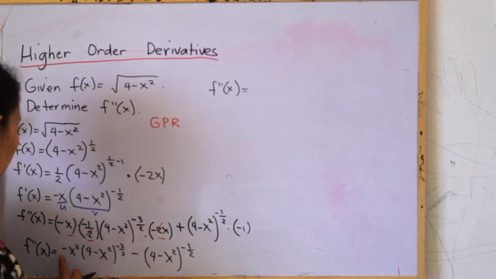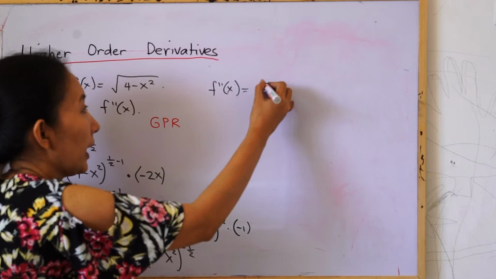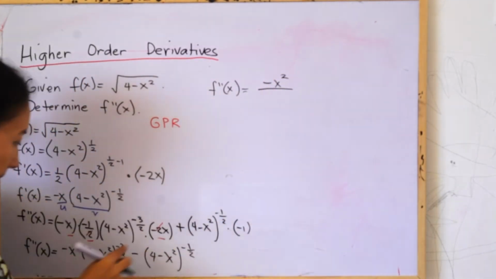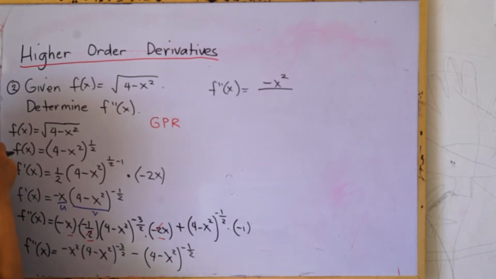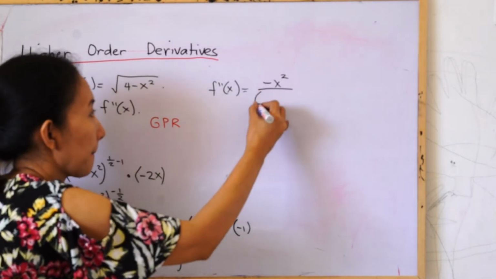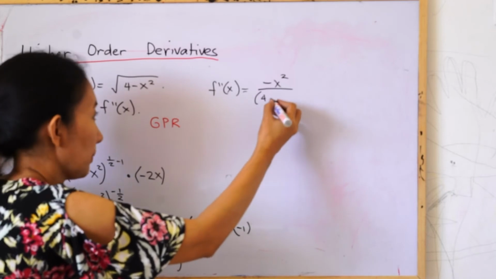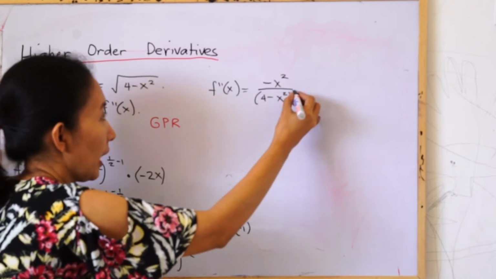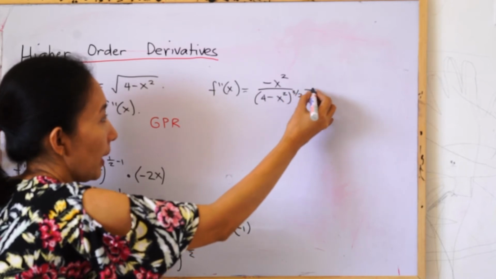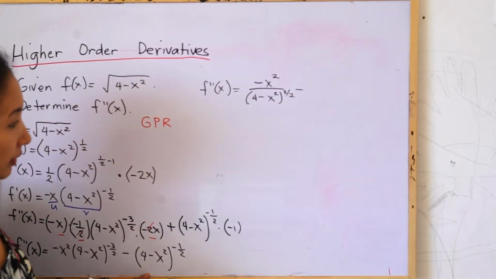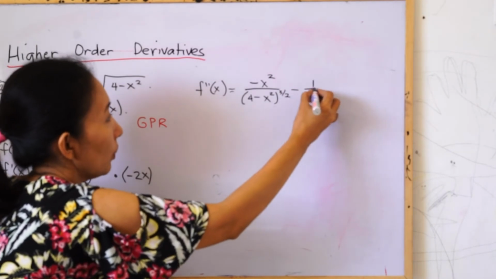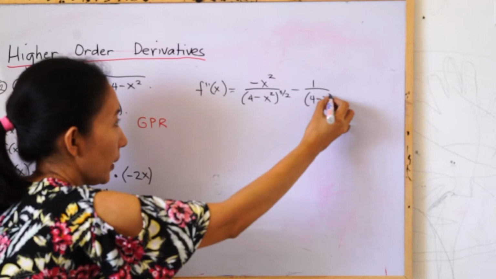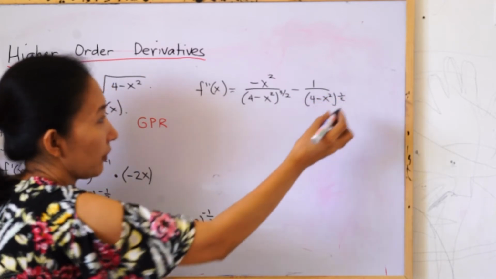So your f double prime of x will be negative x squared all over 4 minus x squared raised to 3/2, minus 1 over 4 minus x squared raised to 1/2.